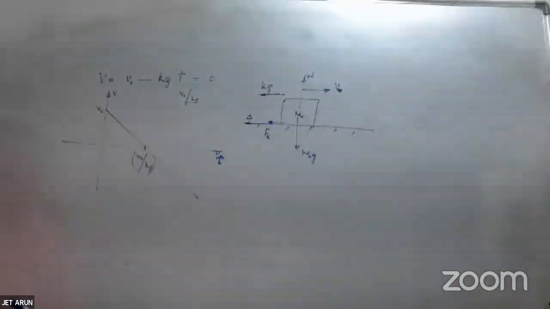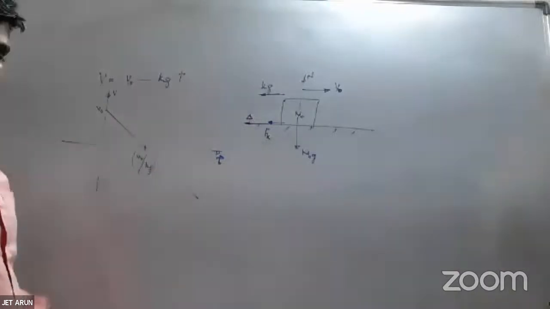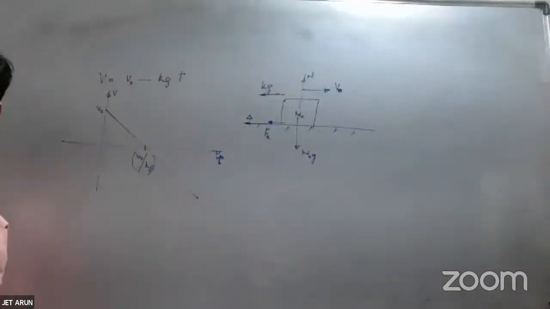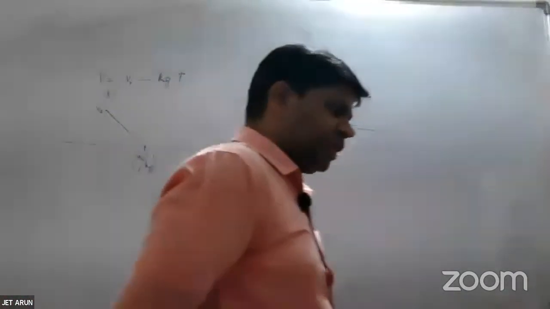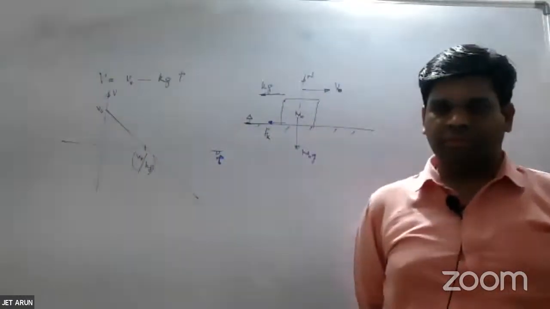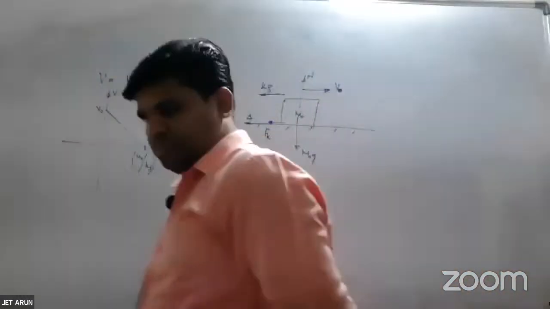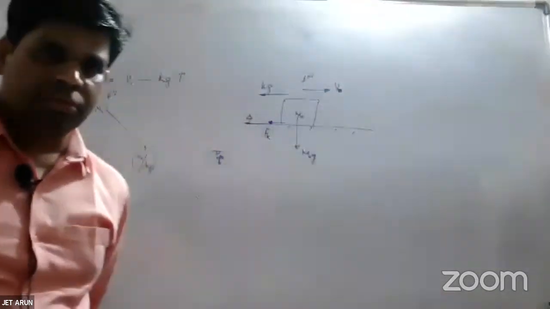Is this graph correct? That is the question. y is equal to mx plus c is the equation of the graph. Is this graph correct? Say yes or no. Is the velocity time graph correct? Yes, correct? Yes, sir.